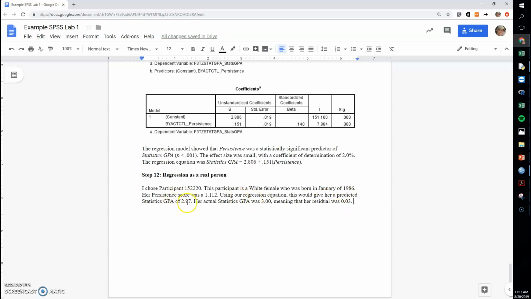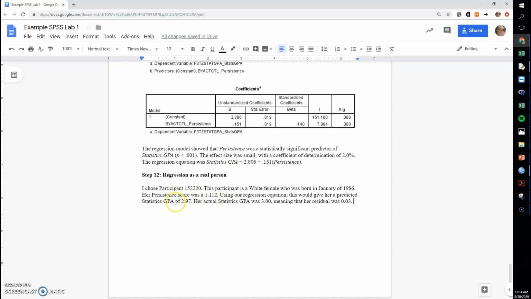This was our prediction based on knowing in high school that this was her persistence. Take note that if we had this regression equation, which is for the entire data set, as soon as we knew that this girl had scored a persistence score in her sophomore year in high school, already we could have made a prediction about her college statistics GPA.